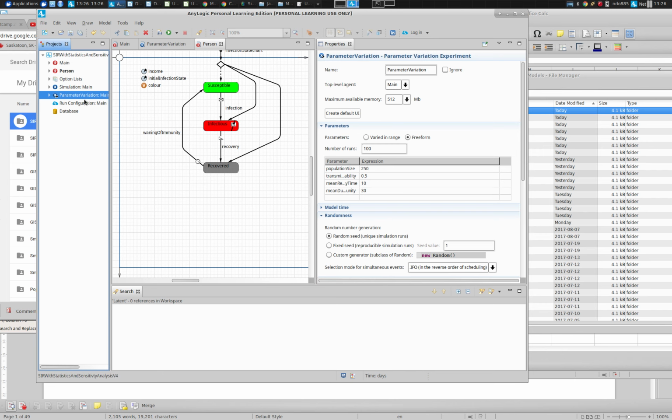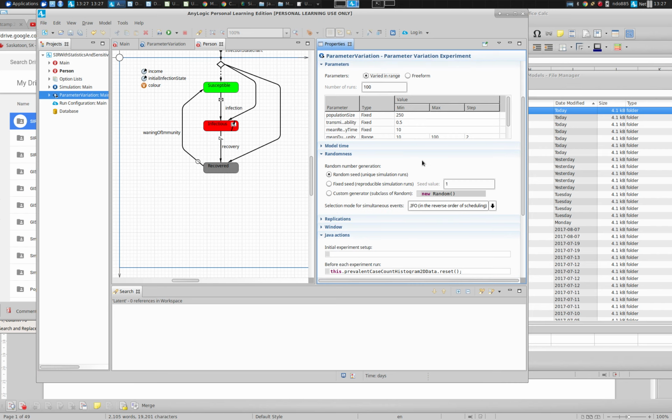One of the big advantages of the parameter variation experiment, as you might expect, is that we can perform variation of parameters. So we can say, not in a free-form mode, but in varied and range, where it will not pay attention to this number of runs, but rather deduce them from here, we could vary certain parameter assumptions.